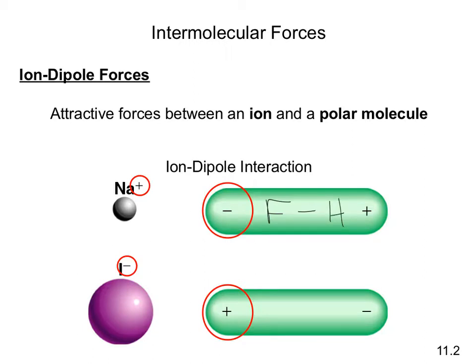So the cation portion would be attracted to the fluorine side, and the anion portion would be attracted to the hydrogen side. And since this is a full charge as opposed to just our little squiggly partial charge, it's just a little bit stronger. It can just attract a little bit more.